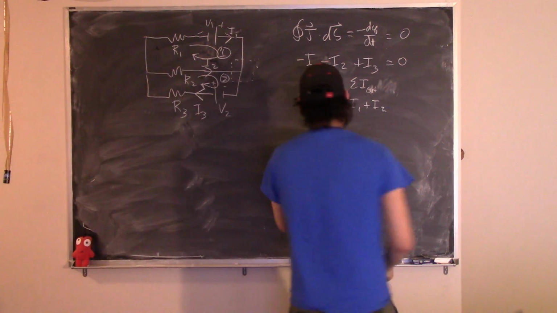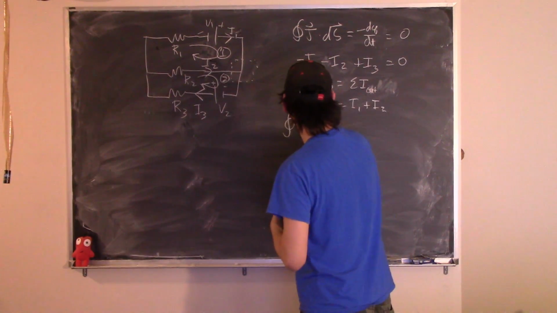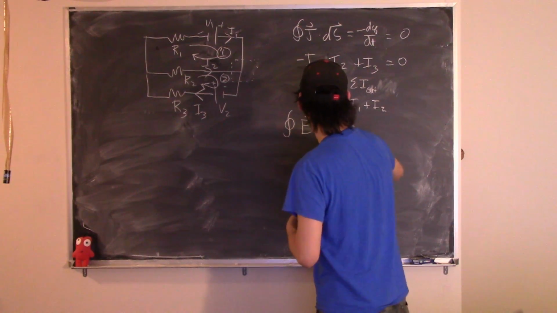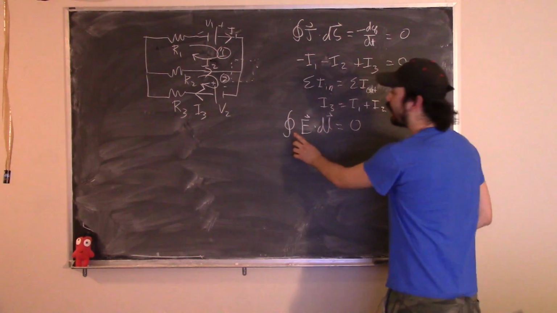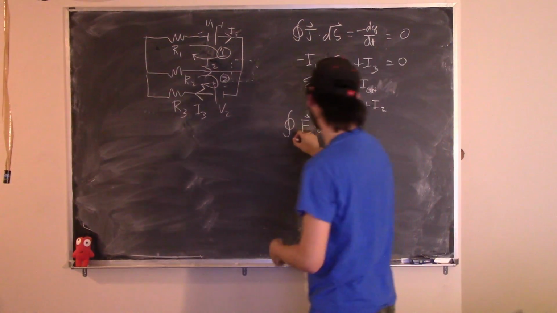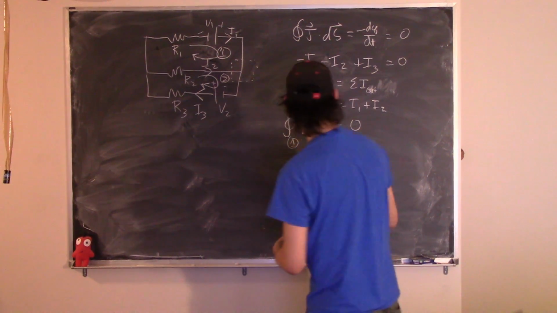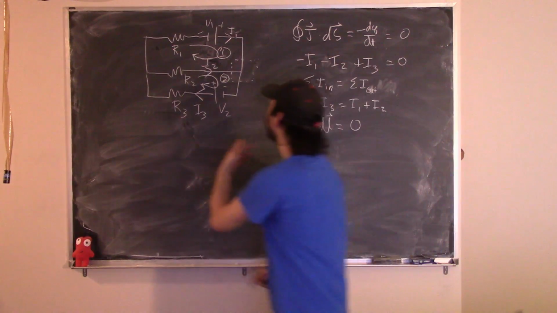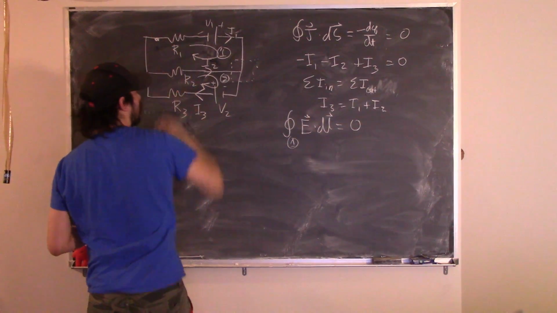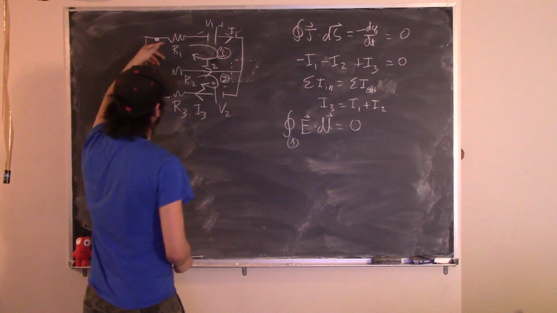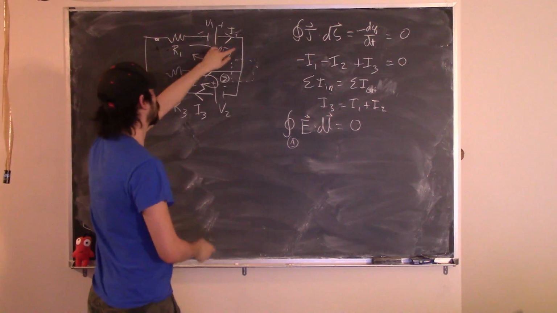Okay? So the integral around the closed loop of E dot dl is going to be equal to 0. And this is true both for loop 1 and loop 2, but we'll look at loop 1 first. So going around, if I start over here, this is going to go across the resistor in the same direction as the current.